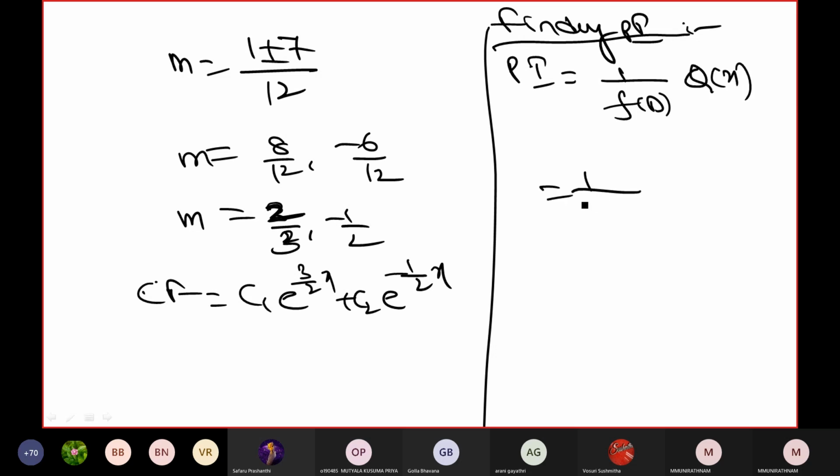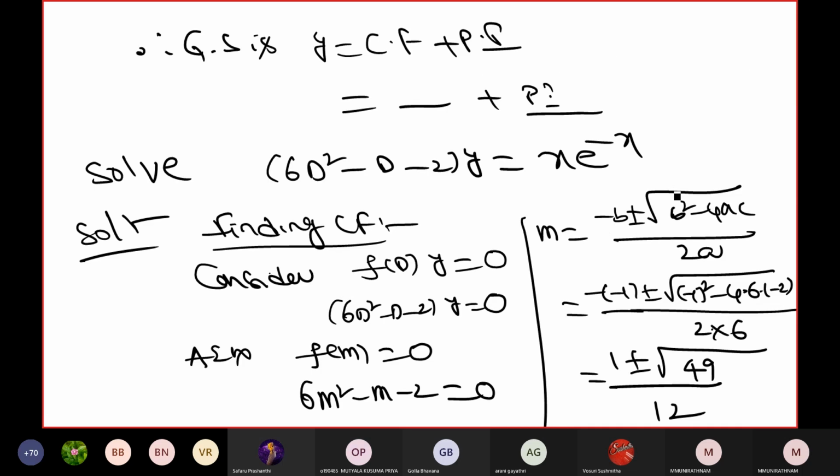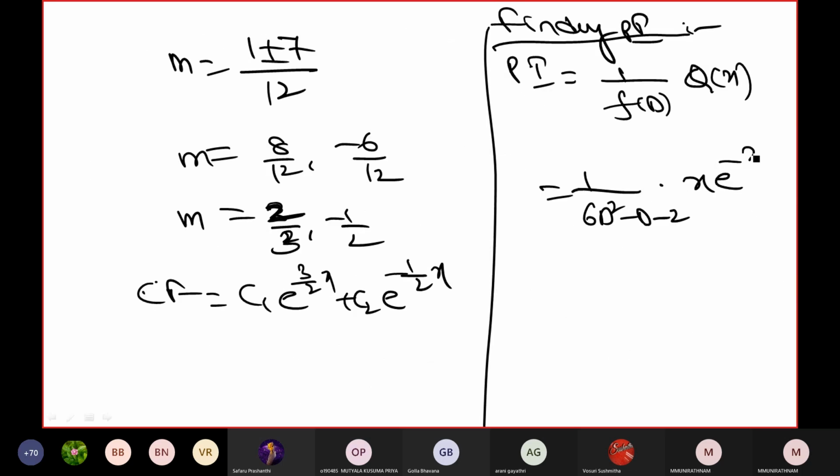f of D is 6D square, and u of x is x e power minus x. To move e power minus x to the front, what do we have to replace?